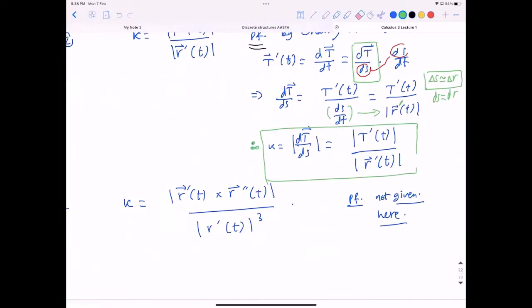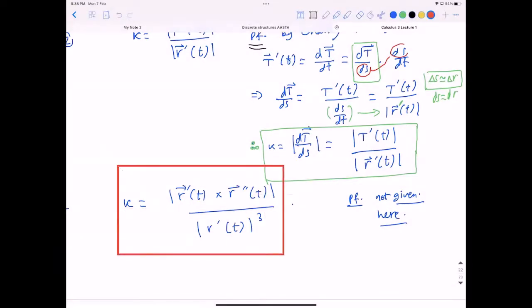It's still a bit lengthy calculation. I'll put this one in a square. This is the third formula for kappa.